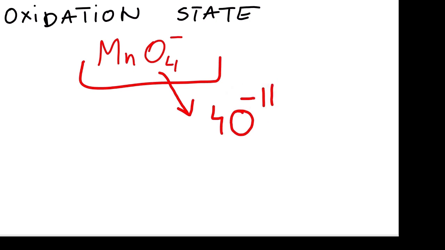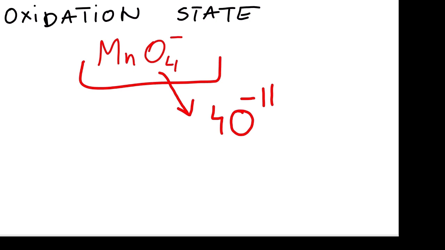In 99.9% of compounds, the oxidation state of oxygen is equal to -2. There are some exceptions, like the compounds with fluoride or peroxide or some oxides. But mostly the oxidation state is equal to -2.